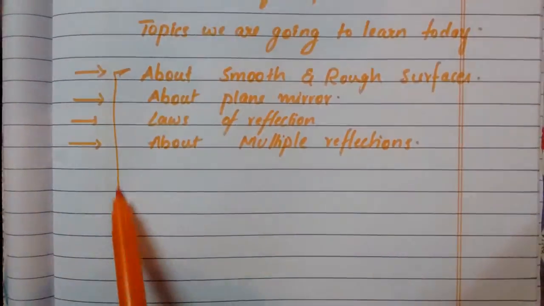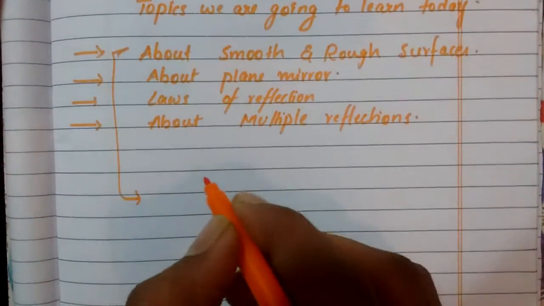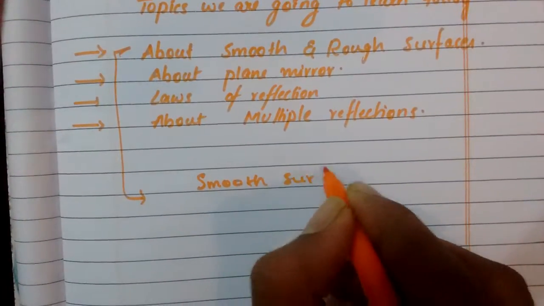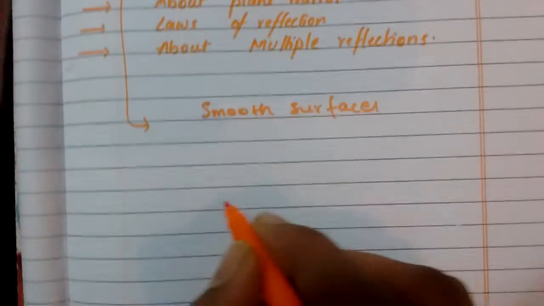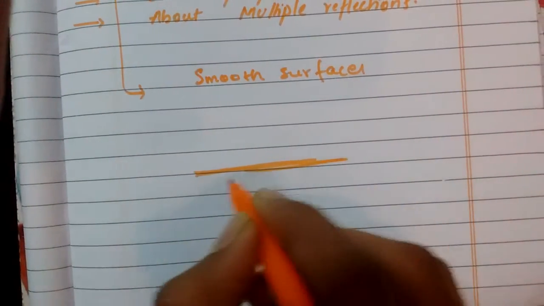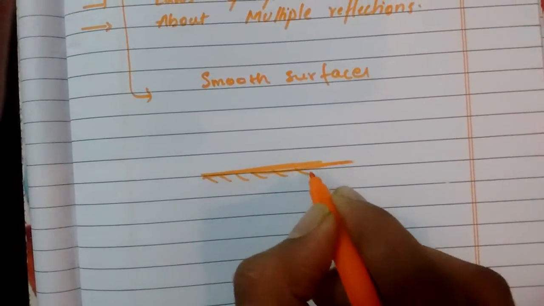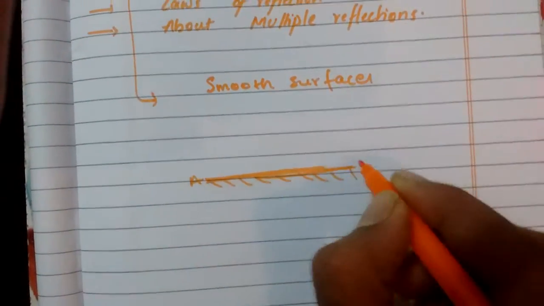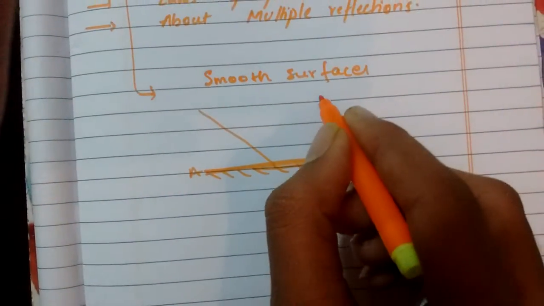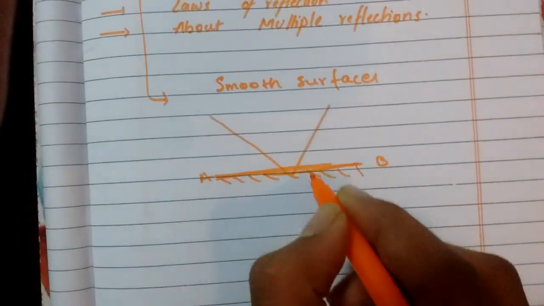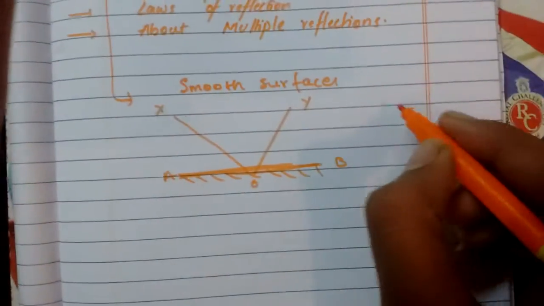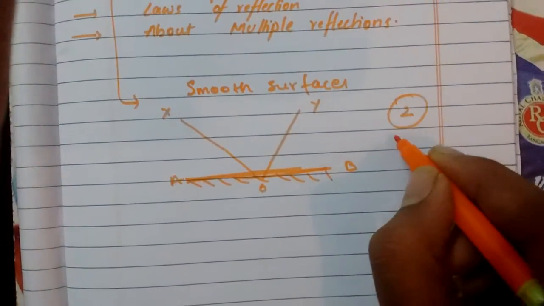First of all, smooth and rough surfaces. Smooth surfaces. Let this be a surface AB, and a light ray is incident on it and it gets reflected. Let this be O, X, Y. Here, two things happen.